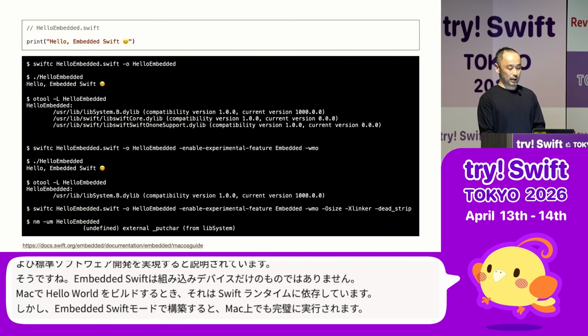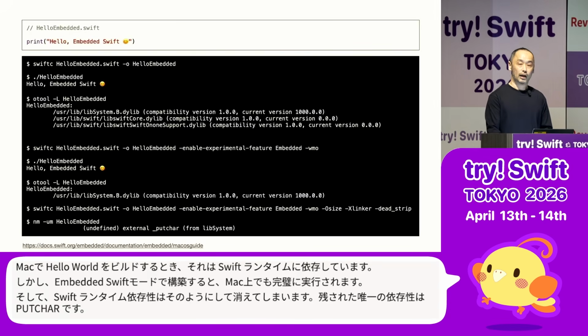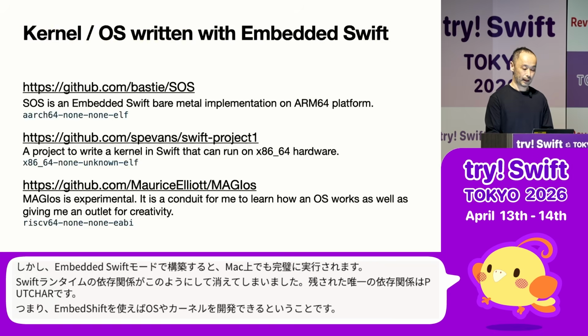The only dependency left is putchar. So this means you can write an OS or kernel with Embedded Swift. Here are some projects which build an OS or kernel in Embedded Swift.